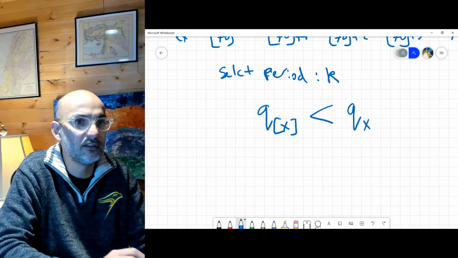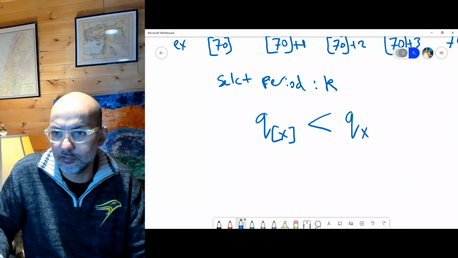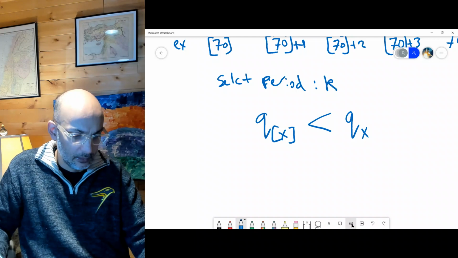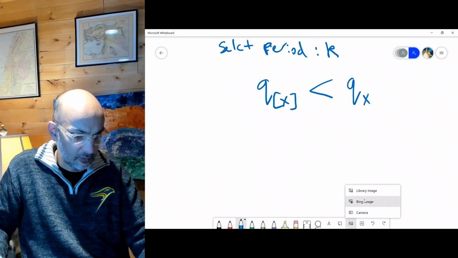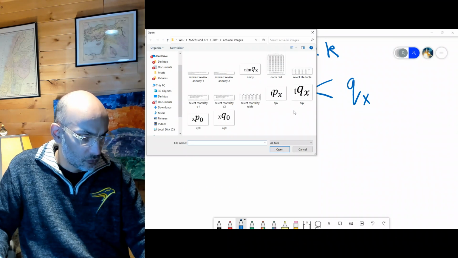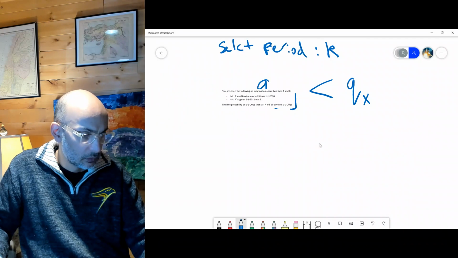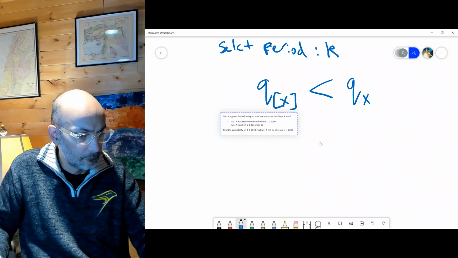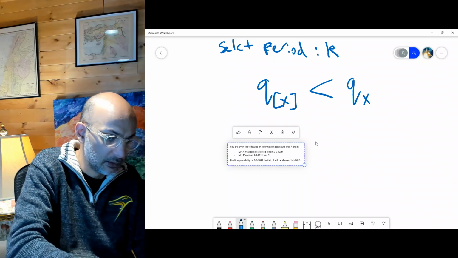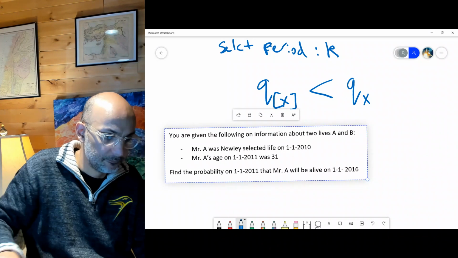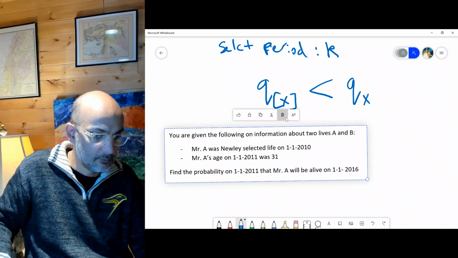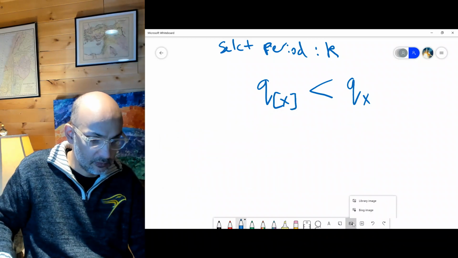Let's take one example. Maybe I'll share with you a library image. Let's make it a little bit bigger. Sorry, let me take this one.